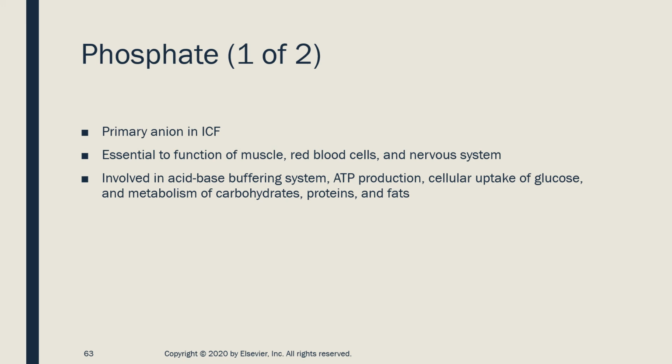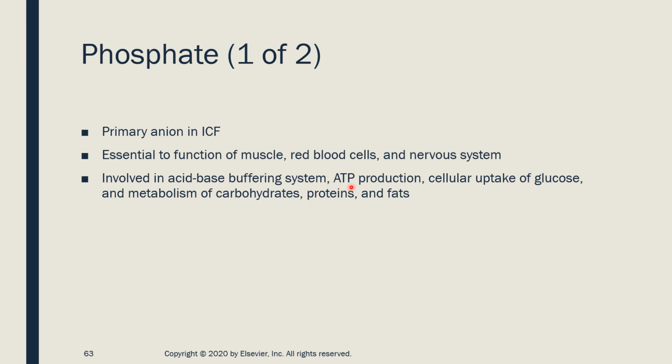So for phosphate, this is the primary anion in ICF, and it's essential to the function of muscle, RBCs, and the nervous system. Phosphate is very involved in the acid-base buffering system. That's why when your patient has phosphorus imbalances, you will also notice that ABG results may change, and calcium level might also change.